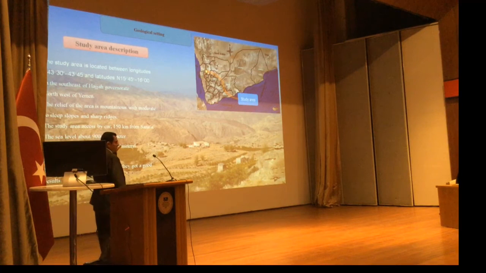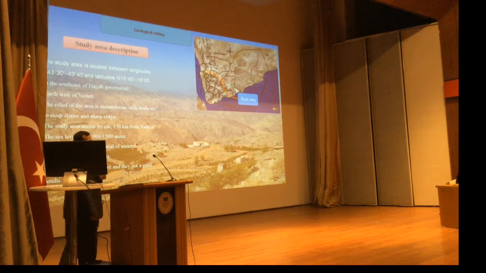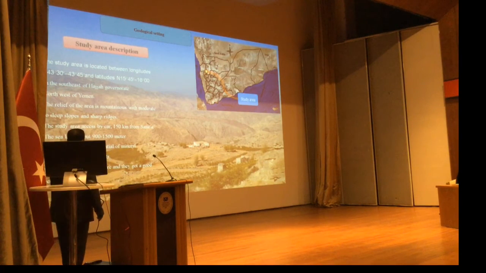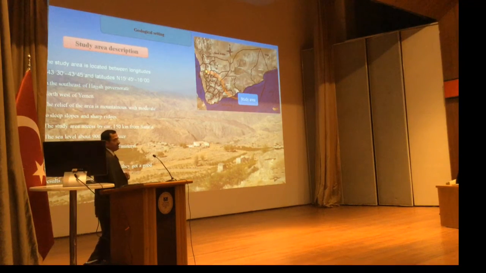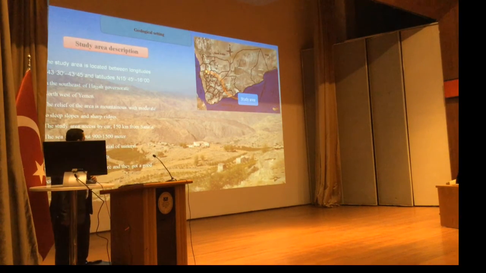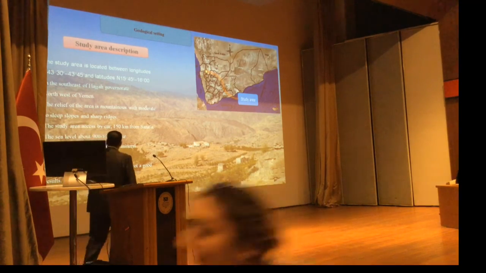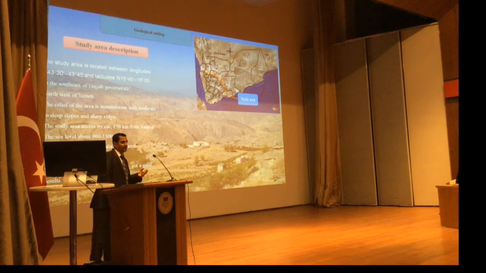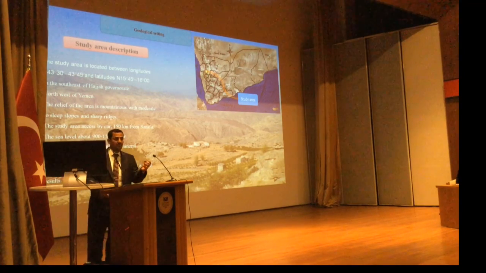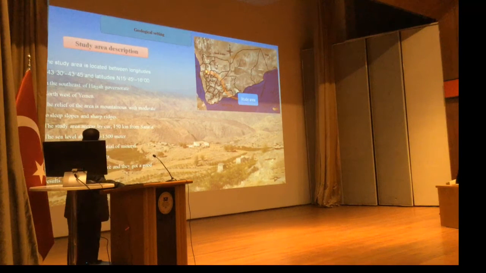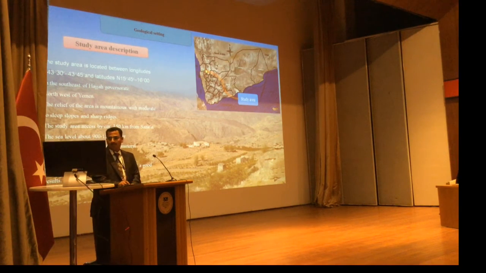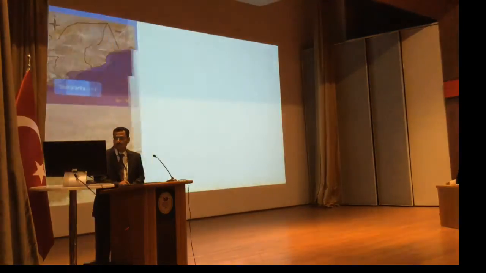You can access this area from 150 kilometers, and the sea level is 900 to 1,500. The area has good potential for mineral exploration, and there are many companies working there and they have good results in gold exploration.